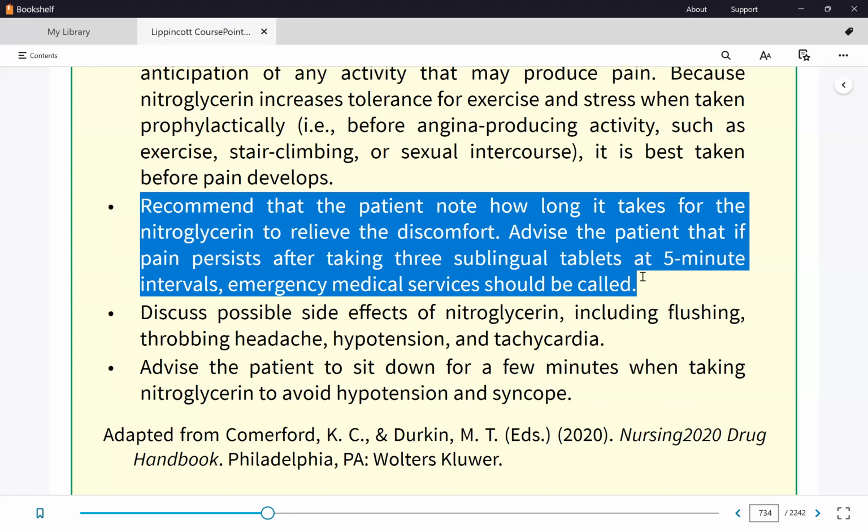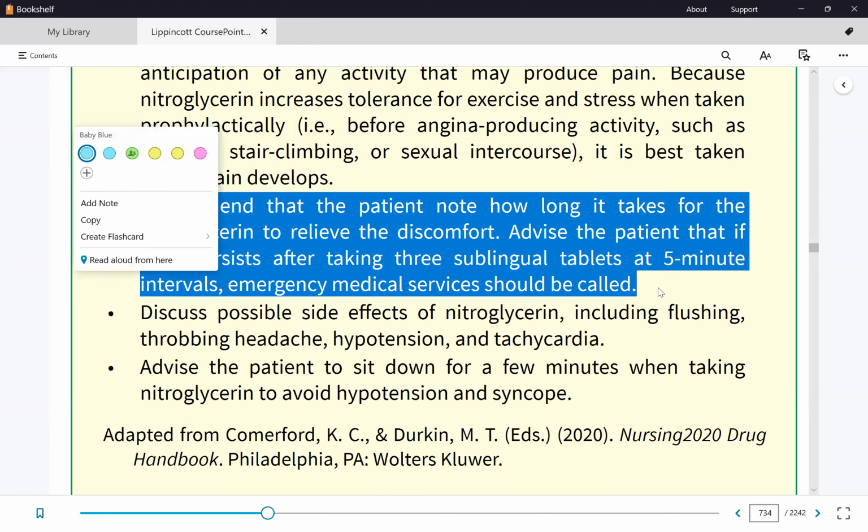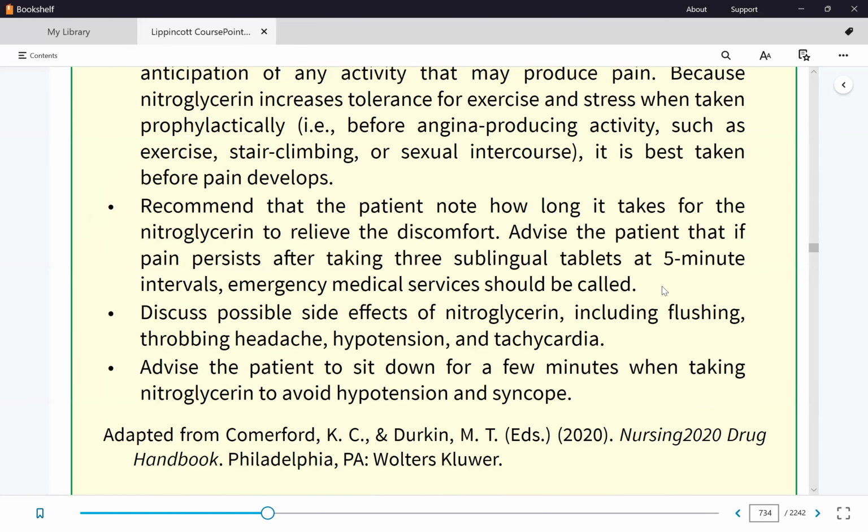Recommend that the patient knows to advise the patient that it increases after taking 3 sublingual tablets at 5-minute intervals, emergency medical support. Okay, let me clarify this. I know the book says it clearly, right? So after taking 3. Okay.